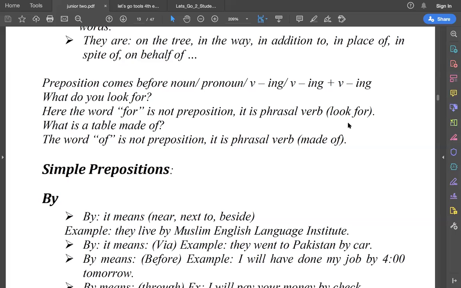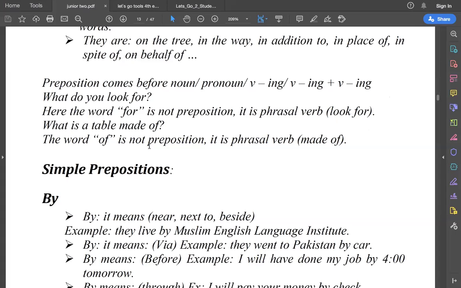You will study phrasal verbs and all types of them in the next books or probably the next classes next month. Sometimes when we use a preposition and a verb together and make a different verb, it's called a phrasal verb. So look for is like that. Look for is a phrasal verb and has a different meaning. It's not a preposition here. Made of is also like that.